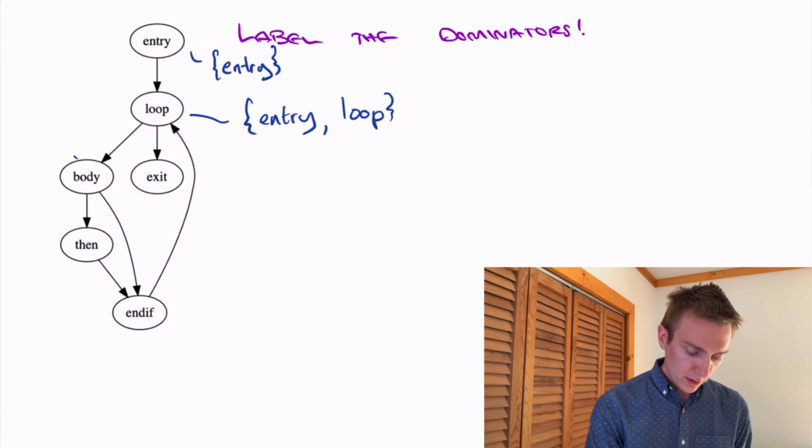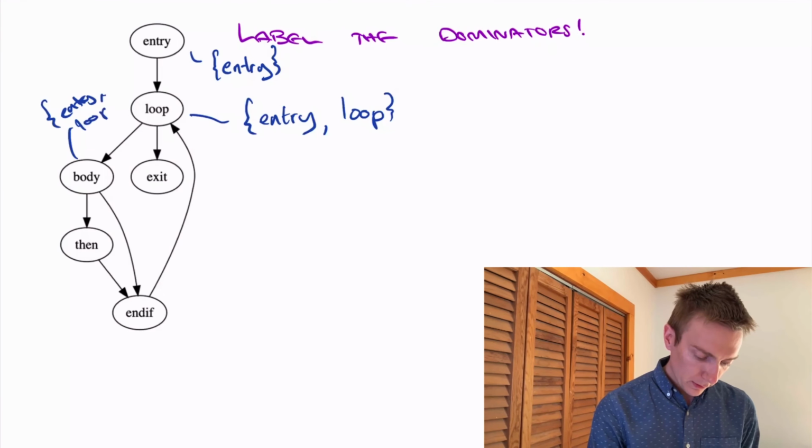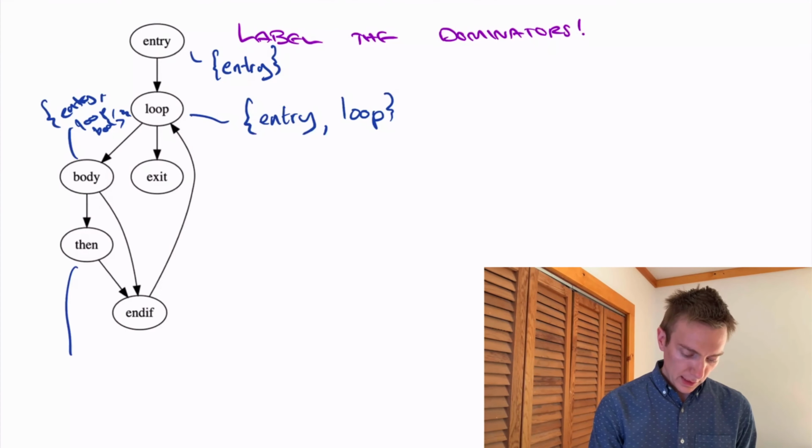We can continue on to body, and we're just building up a list of the blocks at this point: entry, loop, and also body. Same is true of the then block. I'm not even going to write all this out, but finally it's all that same stuff, but also the then block.